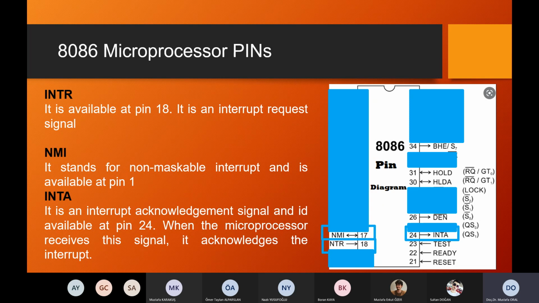The carry flag controls whether a carry occurred after addition or subtraction, etc. One of them is the I flag, the interrupt enable flag, which controls whether we are enabling interrupts or not.